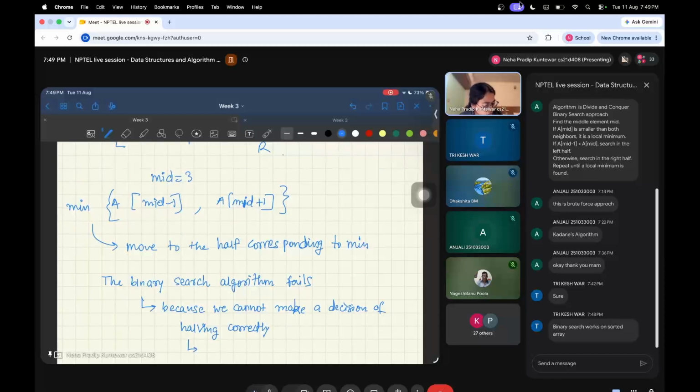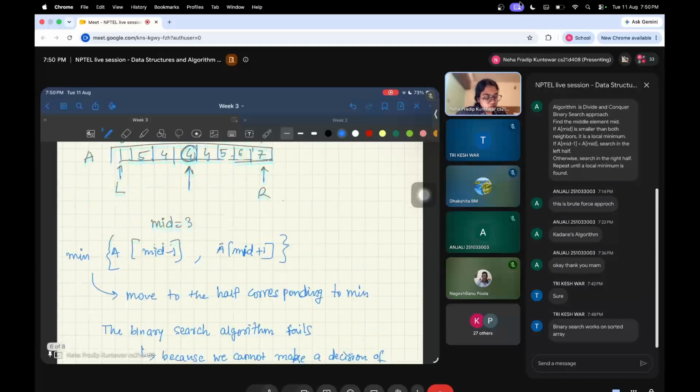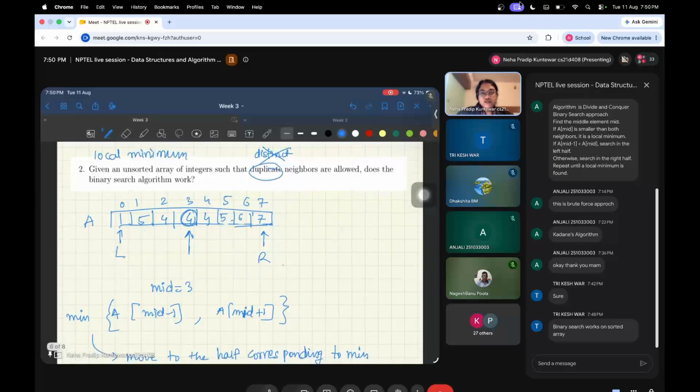If we move to the incorrect half, we may not find a local minima. So there's just one slight modification to the algorithm that you had.